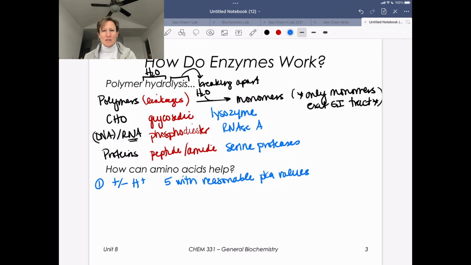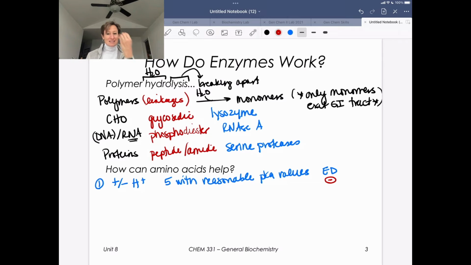And I know sometimes this can be confusing because you're like, basic residues, bases, those are things like hydroxide that are negatively charged. Nope. When we think about acidic amino acids, those are our glutamic acid and our aspartic acid, right? And because they are acidic, they lose their protons and they become negatively charged.